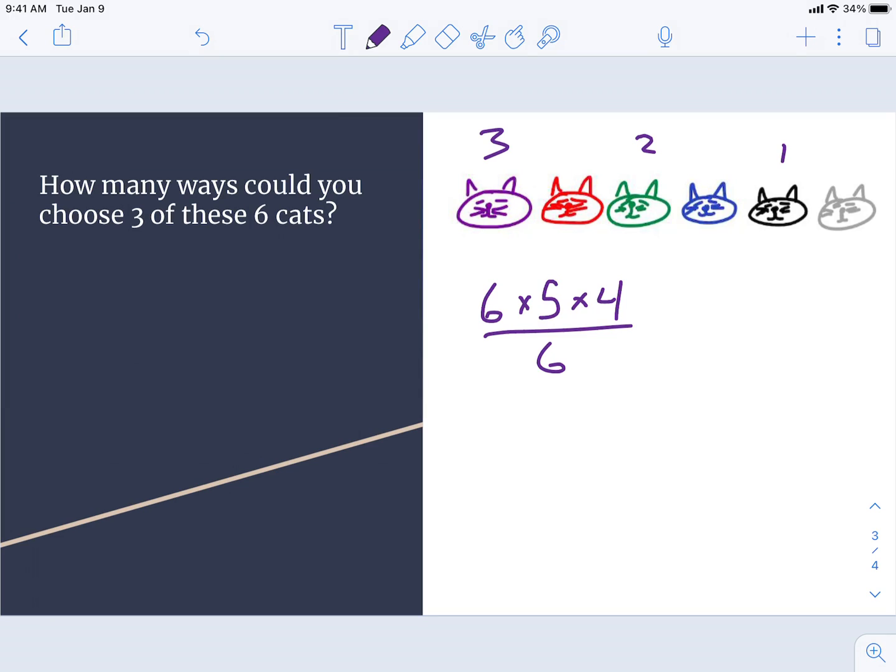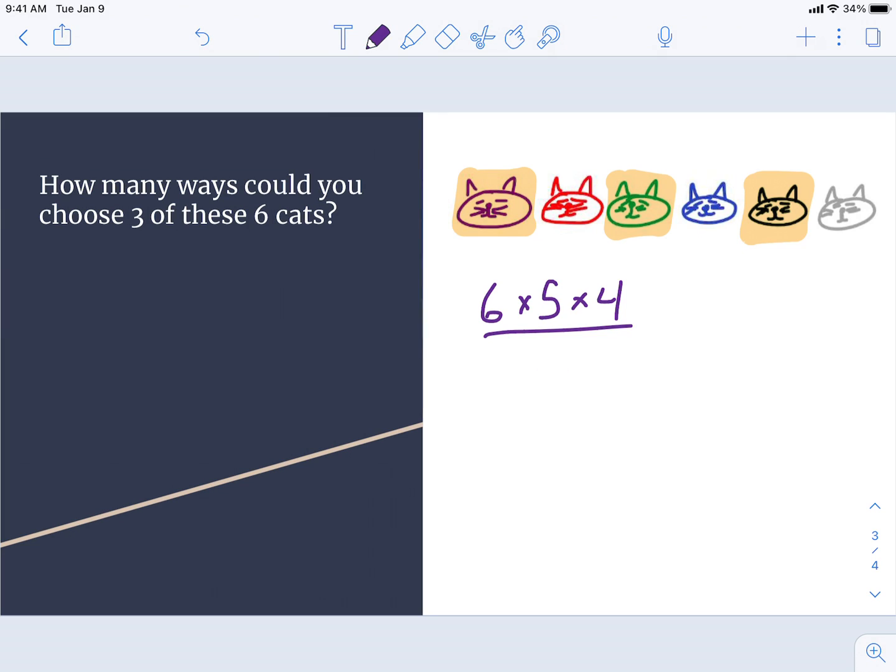Okay, so now the reason for that is it's almost like another permutation problem in here where I know that I'm choosing the purple, the green, and the black cat, but it doesn't matter which order I choose them in, so how many different ways could I choose them?